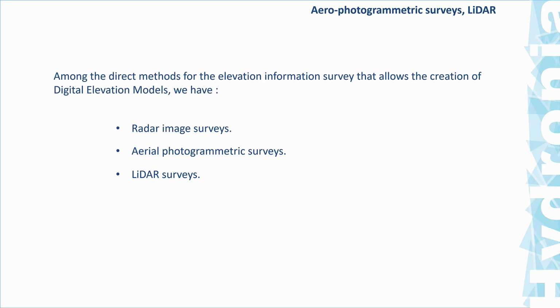So on the direct method for elevation information surveys that we can use to create a digital elevation model, we have three main types of technology: the radar image surveys, the aerial photogrammetric surveys, and LiDAR surveys.